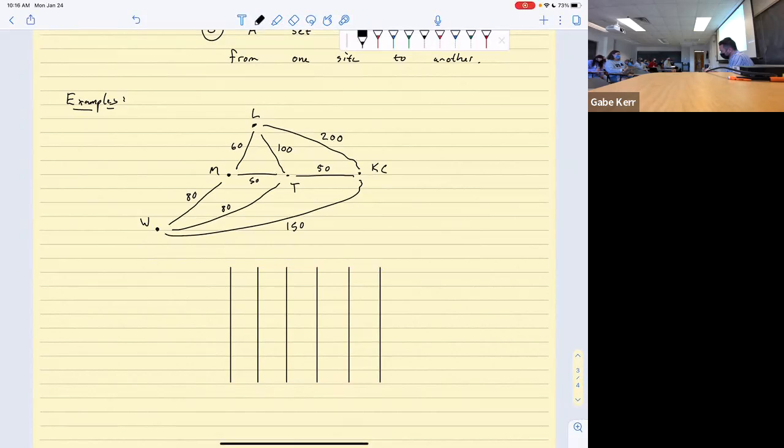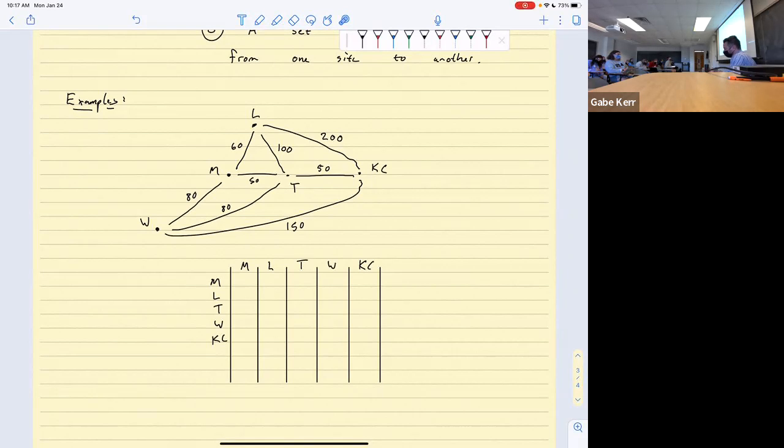So what they may do here is take each of these cities and write them this way. I probably won't do the whole thing here. Then they'll just fill in what the cost is.